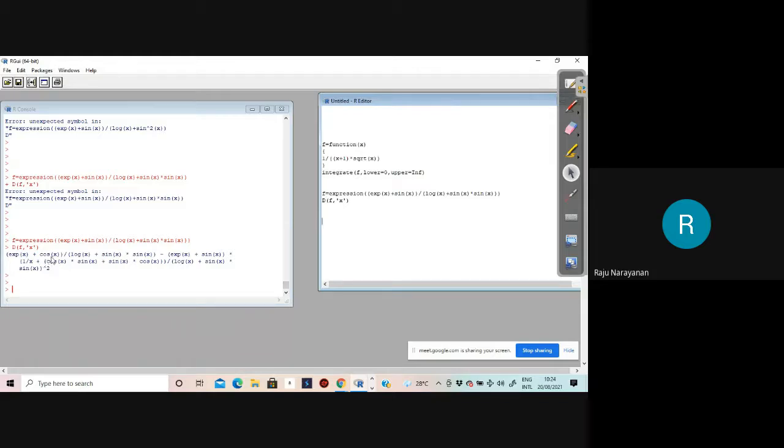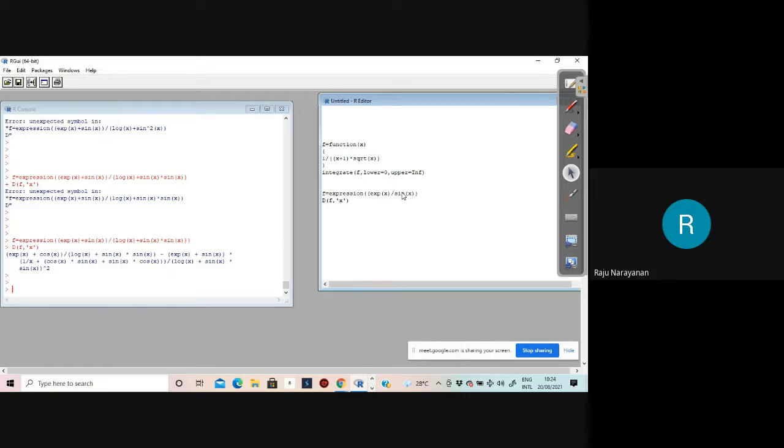Okay, e raised to x plus cos x divided by log x minus, this you have to check. Let us do a small function, e raised to x by sin x, then it is very easy for us. Sin x into derivative of e raised to x minus e raised to x into derivative of sin x, divided by sin square x.